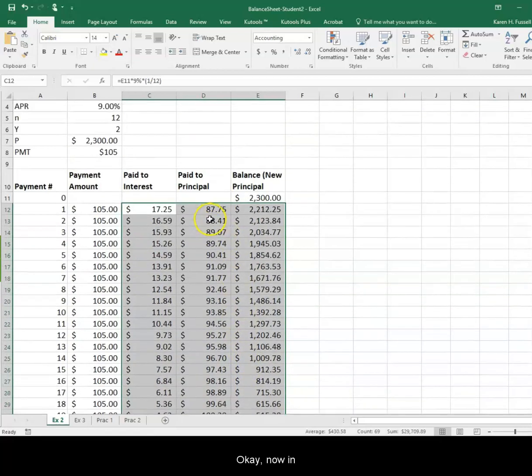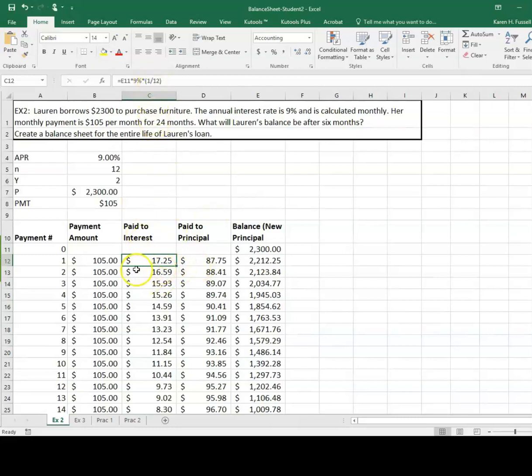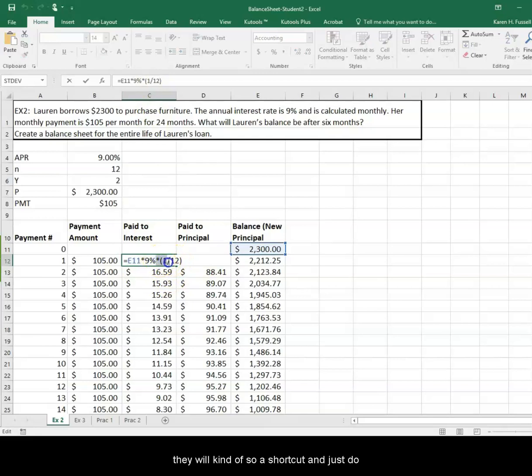Okay, now in 143, you may see this formula a little differently. Instead of having the 1 divided by 12 in here, they will kind of do a shortcut and just do divide by 12, that 9% divided by 12. Same thing, they just combined the 1/12 and the 9% together.